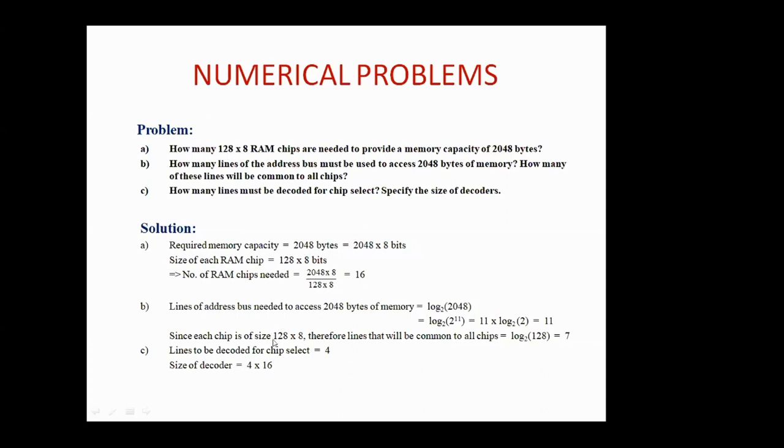Since the size of one chip is 128 into 8, that means each chip has 128 words. So to address 128 things, we need log 128 lines, which comes out to be 7. That means to each RAM chip, 7 lines will be going. So in total, we have 11 address lines, out of which 7 will be going to each RAM chip.